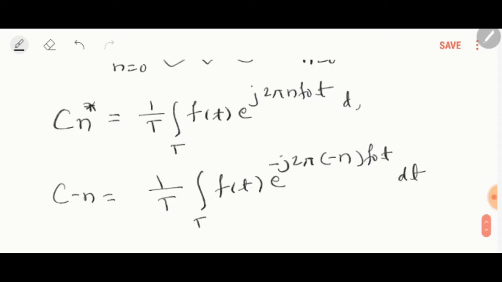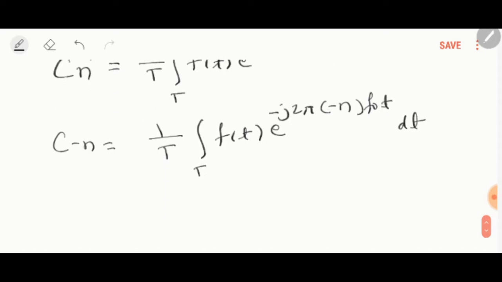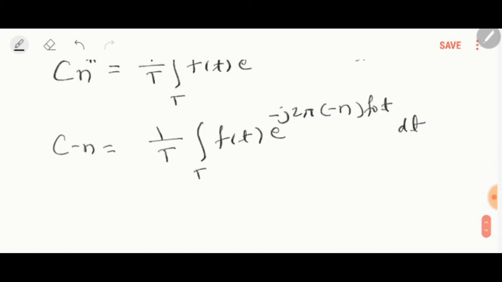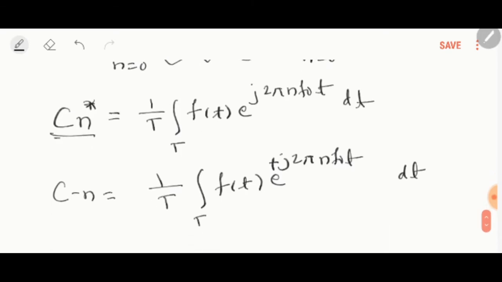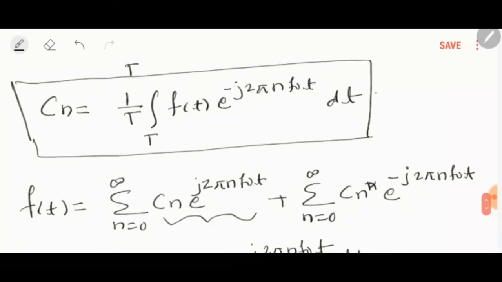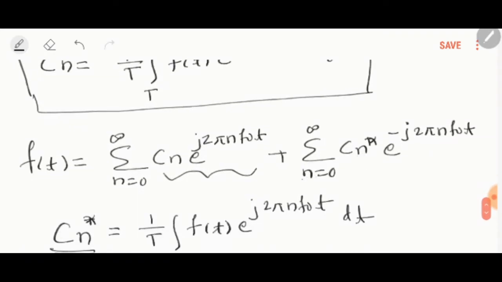Of course dt will be there. So this minus minus will become plus, so we can write simply plus j 2 pi n f naught t. So the conclusion is the Cn complex conjugate is equal to C minus n. So here this complex conjugate term we can write only by replacing n with negative n.